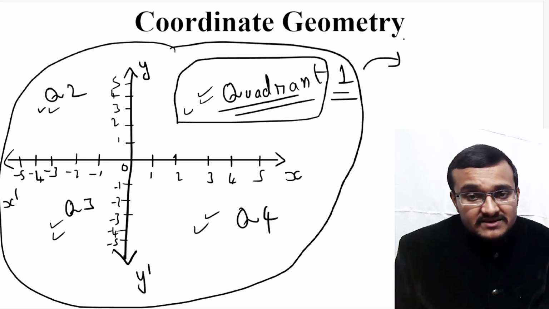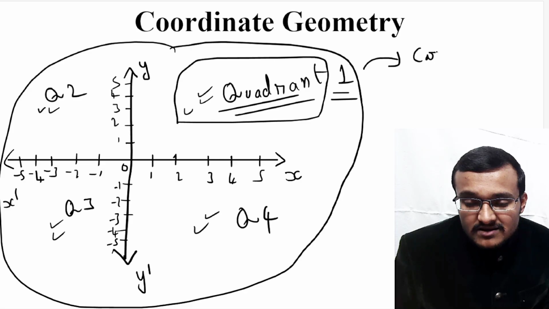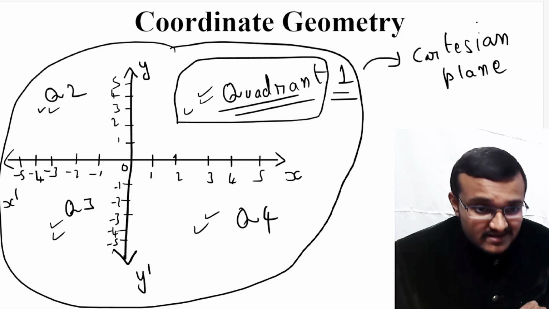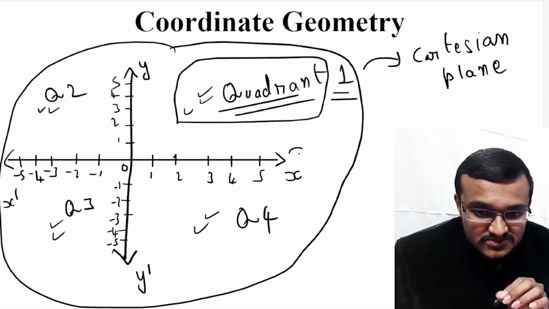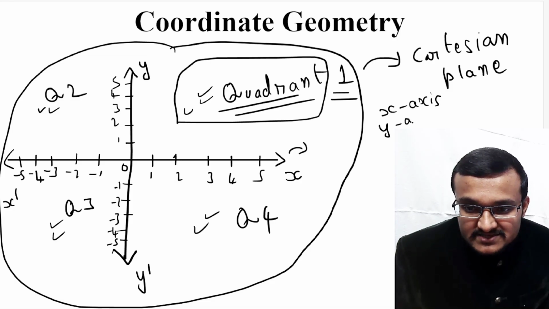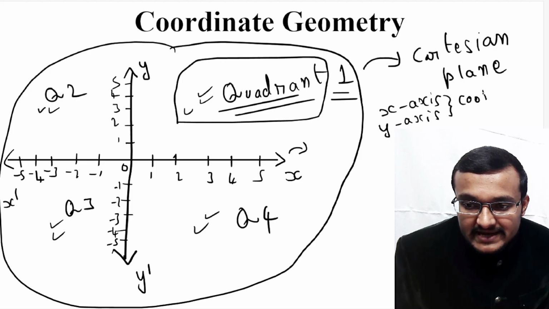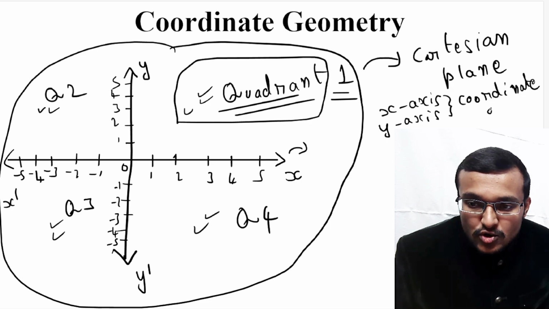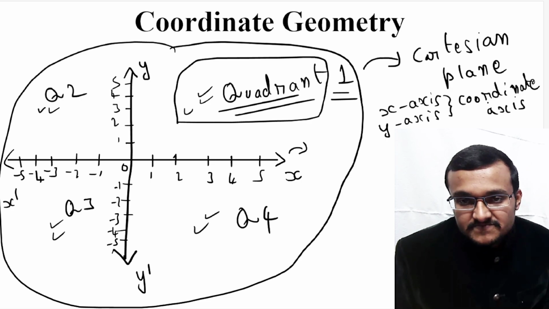So this entire plane, where we are defining this x and y axis, is known as the Cartesian plane. And this x axis and y axis are known as coordinate axes.